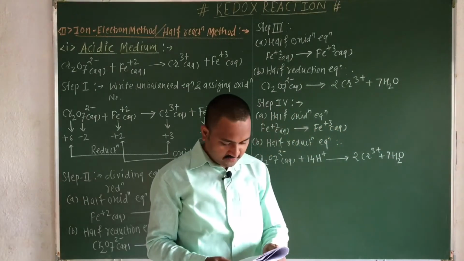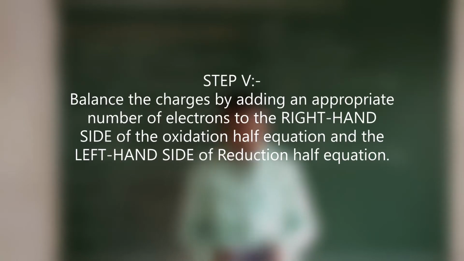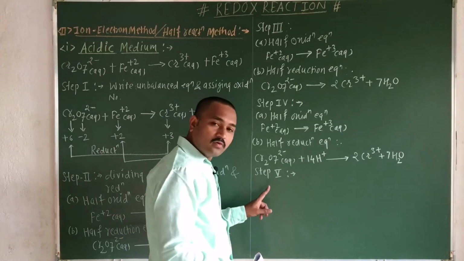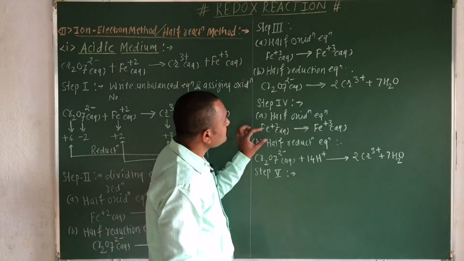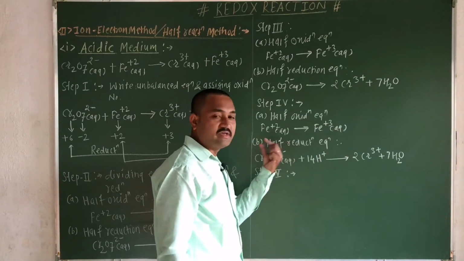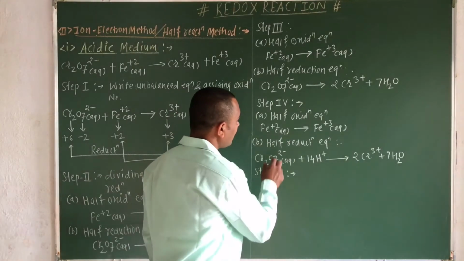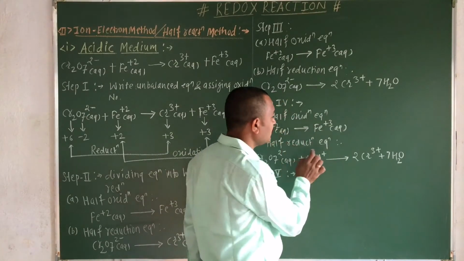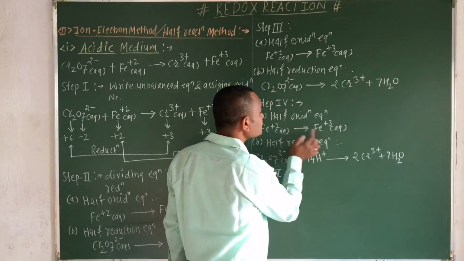Next, step number 5: balance the charges by adding an appropriate number of electrons to the right hand side of the oxidation half equation and the left hand side of the reduction half equation. Before going directly to step 5, observe the previous step. How many charges are there? On the left hand side plus 2, on the right hand side plus 3. If I add 1 electron, the charges become equal.